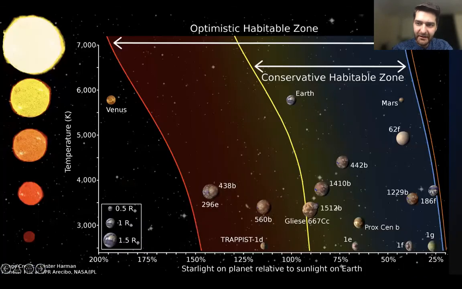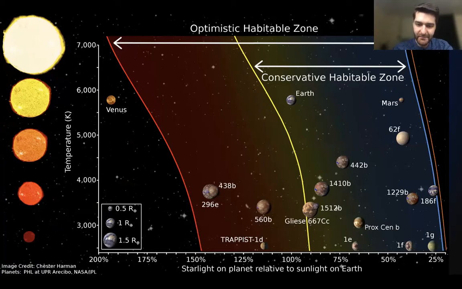So here's an idea of the planets that astronomers have discovered, just to show you that we already know that there are planets in our galaxy that fit in these Goldilocks zones, that are close enough but not too close to their host stars.